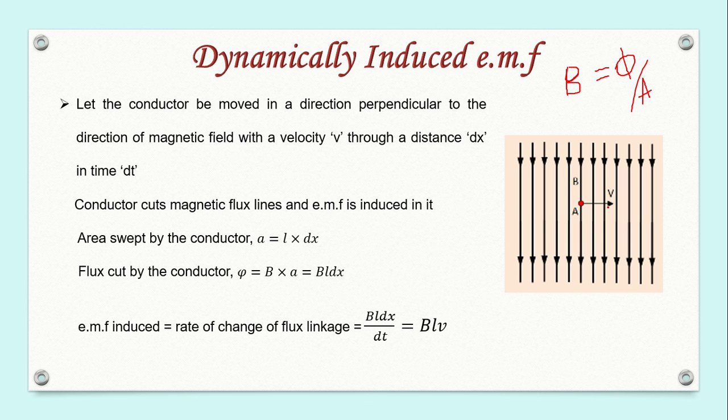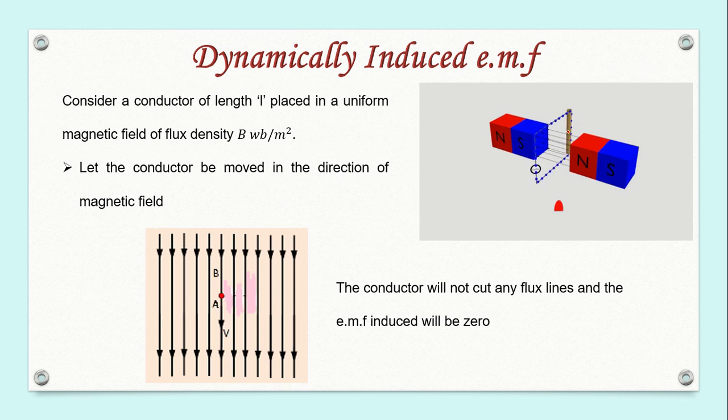Okay, see, so the conductor is moving like this. The conductor has a length L and it is moving like this. So from this figure we can see that while the conductor is moving, the area covered by the conductor is a rectangle. So it covers a rectangular area while it is moving, and that area will be equal to the length of the conductor into the distance travelled by the conductor.